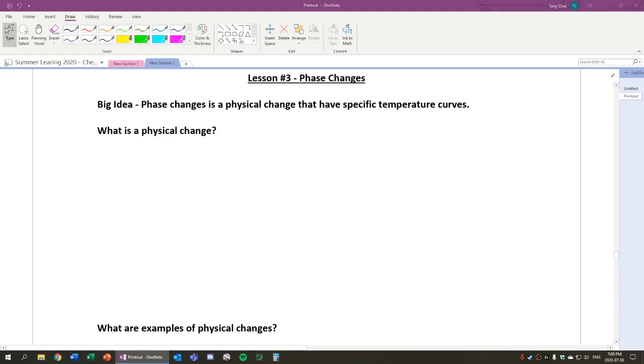What do we know about physical change? Well, we know that a physical change is usually referred to as a change in state. Now that's another word for saying a change in phase, which means that no new substance is formed.